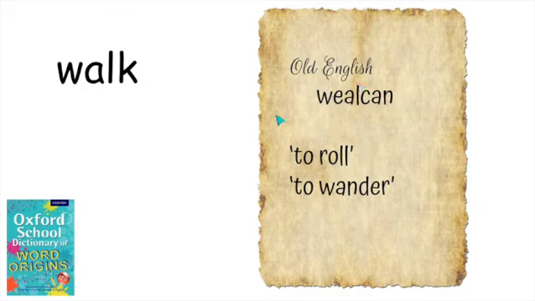Originally, the word in Old English meant to roll or to wander. And we know that over time, the meanings of words can change and evolve. So over time, we no longer use the Old English word and we began to use what we know today, walk. So why is the L there? Well, because in the Old English form of the word, it had an L in it. You can see the connections.